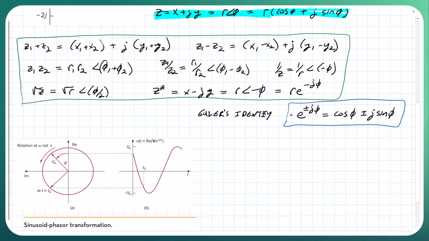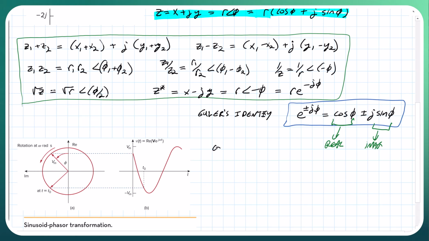Okay, just some additional definitions. From this we can represent the sinusoid as a real component of a vector in a complex plane. We can break this down into real and imaginary parts, where our cosine is the real component and our sine is the imaginary component.